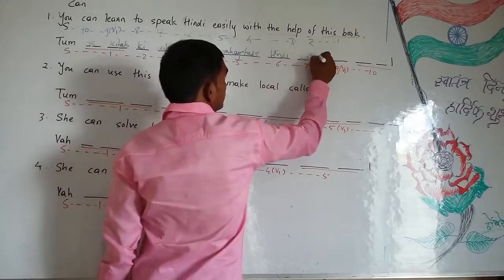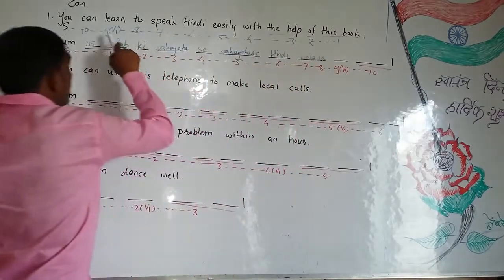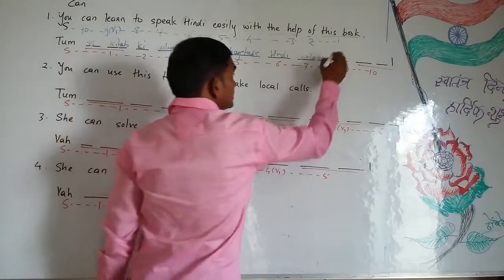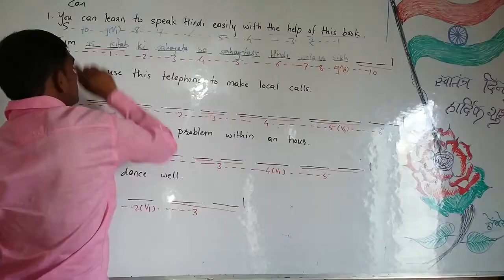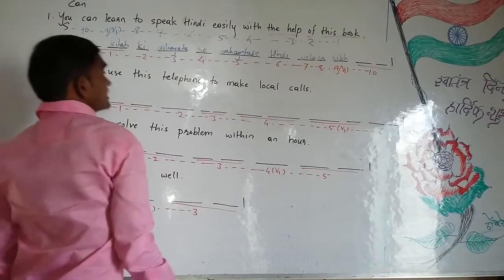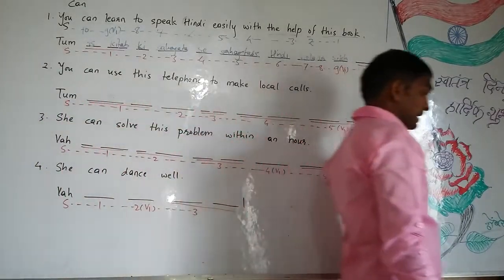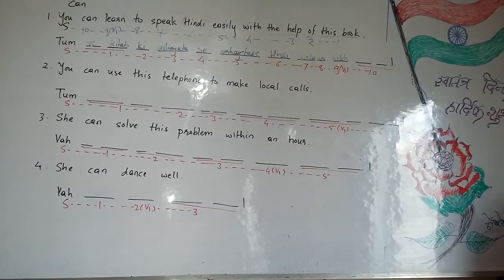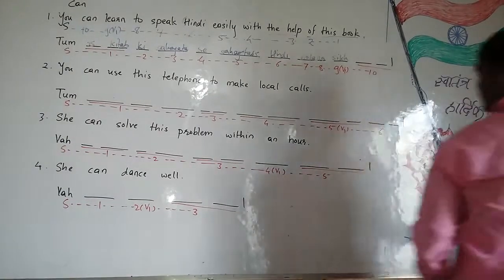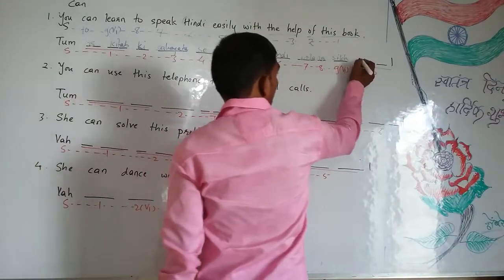The Hindi word for to is na. Above 9 is learn. The Hindi word for learn is seek. Before 9 is can. The Hindi word for can is sakte ho.